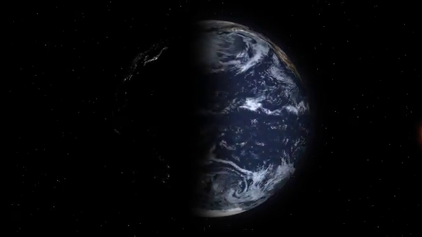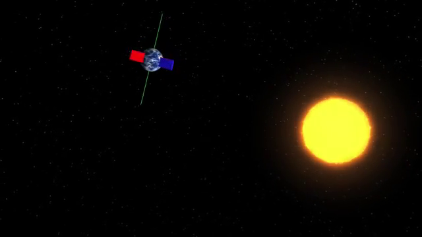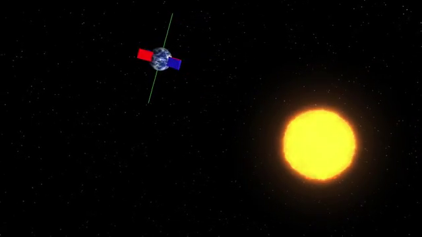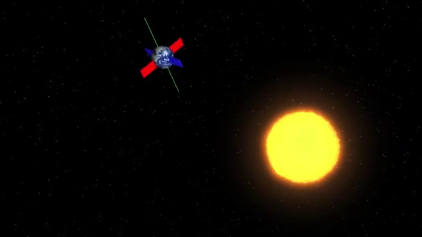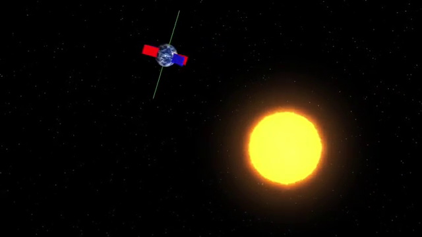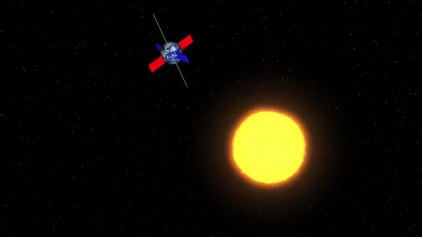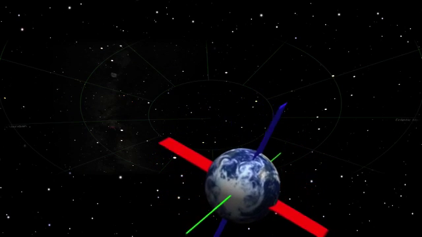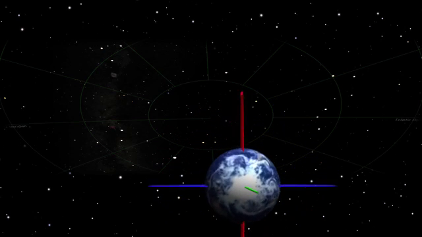The length of a year on Earth is affected by several gradual and cyclical changes in its orbit and its tilt. First, there is the precession of the Earth's axis. Over a period of about 26,000 years, the Earth's axis traces out a circle in the sky. One result of this is that the North Star changes over time.